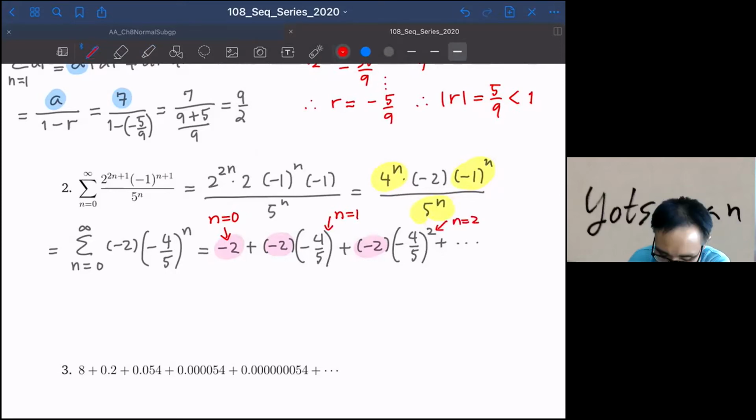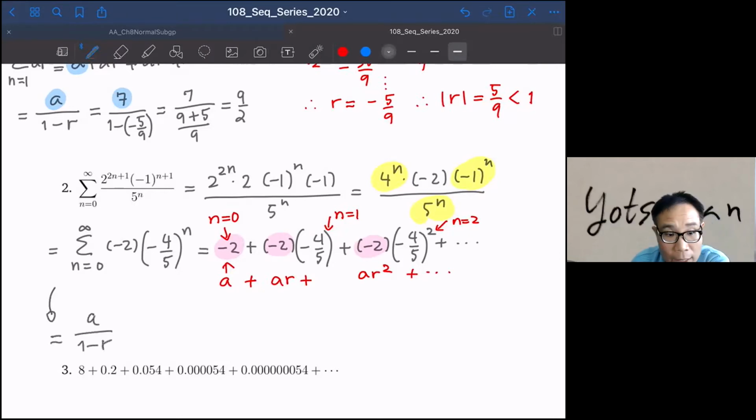So this will be A plus AR plus AR squared and so on. For this series, the sum will be equal to A over 1 minus R.